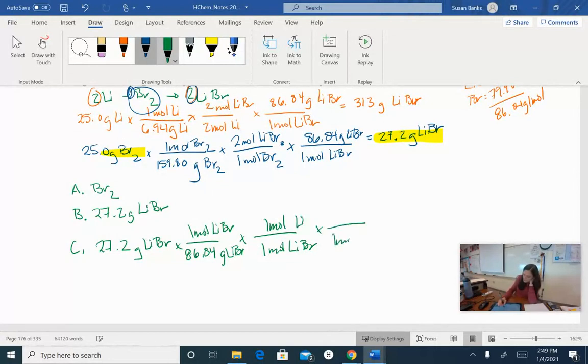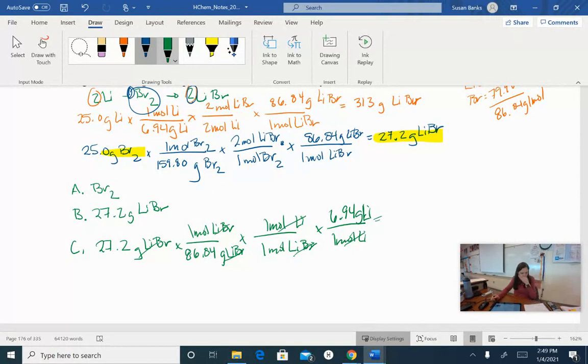And in 1 mole of lithium, I have 6.94 grams of lithium. Okay, so my grams of lithium bromide cancel, my moles of lithium bromide cancel, my moles of lithium cancel, and I now have grams of lithium. So this will be how many grams of lithium it takes to produce that lithium bromide.